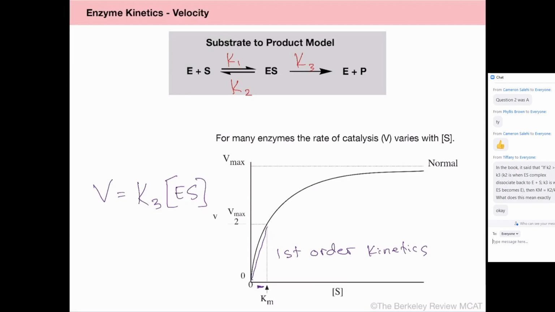And conversely, if you start to increase your substrate concentration, when the substrate concentration is high, you'll notice that the velocity is nearly independent of the substrate concentration. And so this is going to follow zero order kinetics.